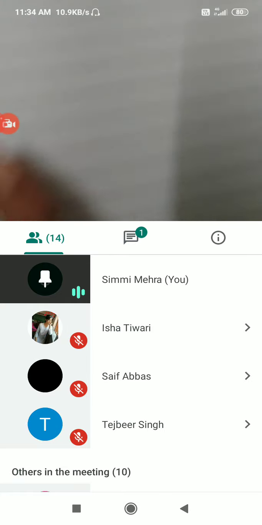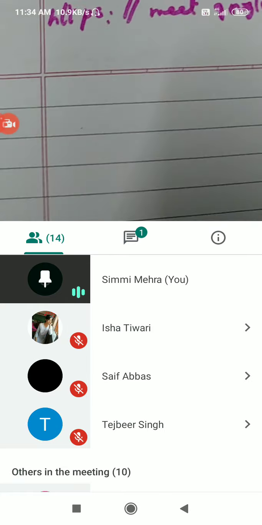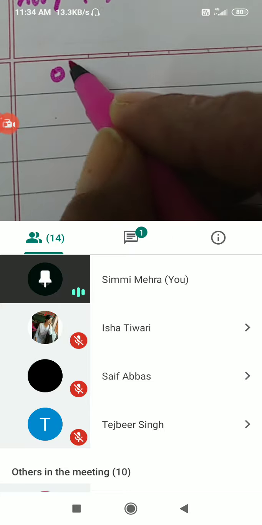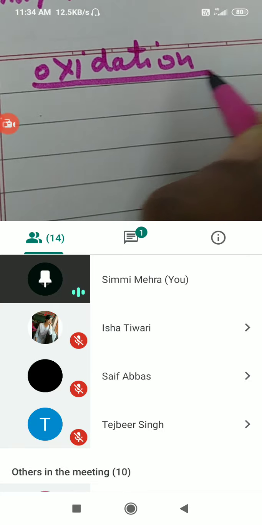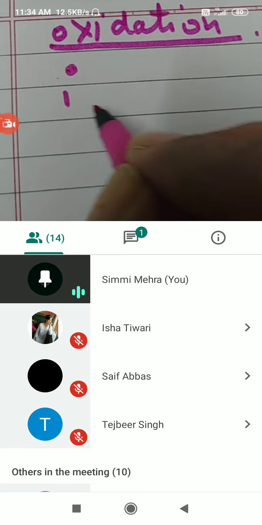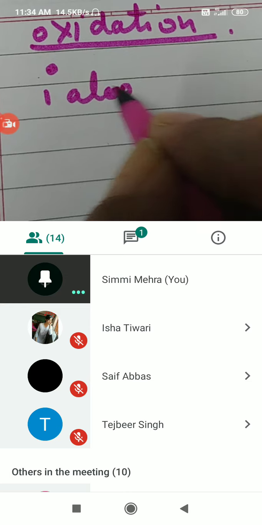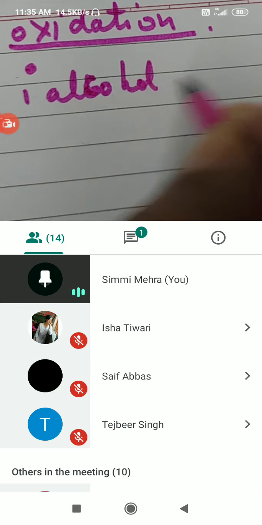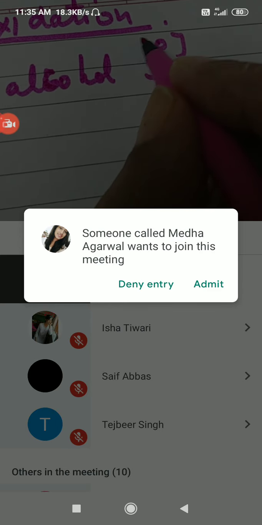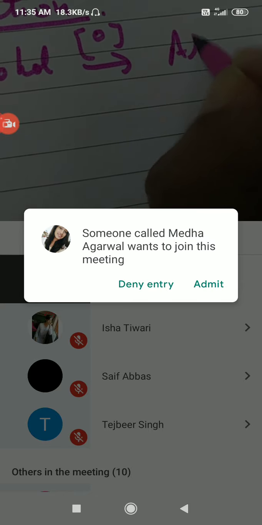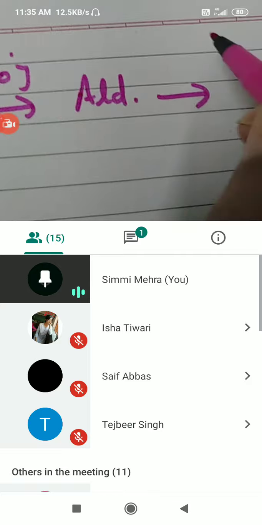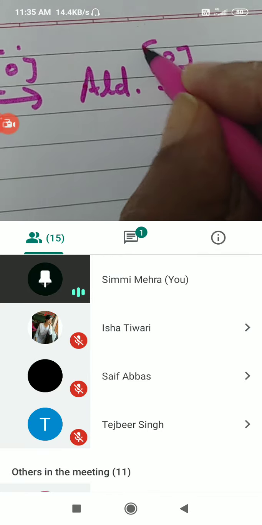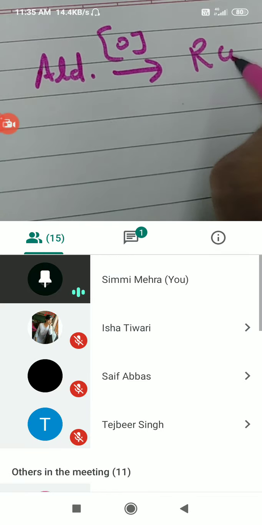Now let us go on to the next one, which is the oxidation reaction. Now this reaction is very, very important. So the first basic point which I am explaining to you is, when we have a primary alcohol, it is always oxidized to an aldehyde, which is further oxidized to an acid with the same number of carbon atoms.